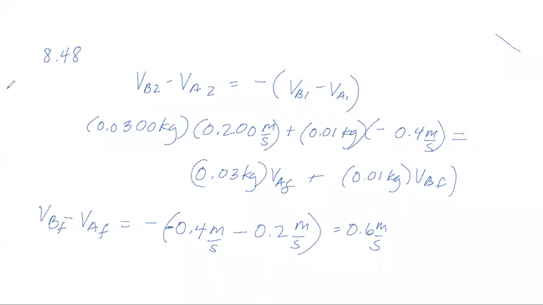All right, now going up here and solving this one, I'm going to get an expression that says 3V_A final plus V_B final is going to equal 0.200 meters per second. And now I just have to add these together.